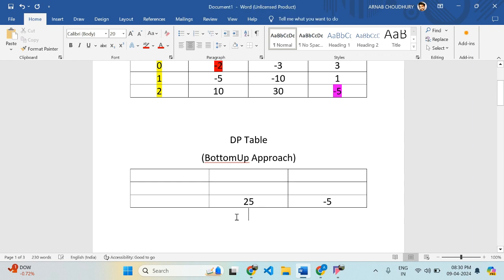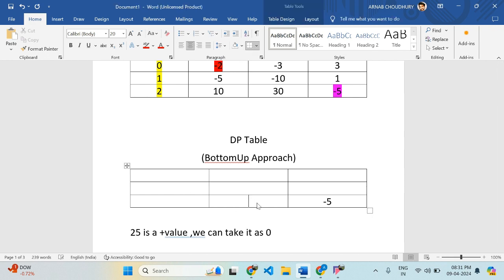But whenever it is a positive value, like 25, we can take it as 0. So we can write it over here as 0, because 25 is a positive value. We are making these points for our reference in order to reach this particular point.